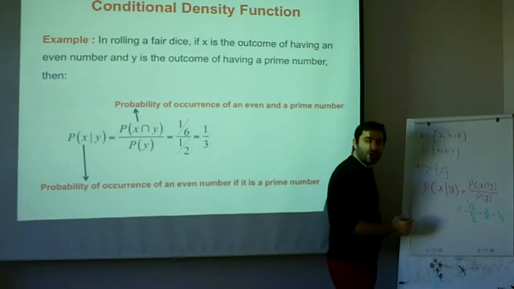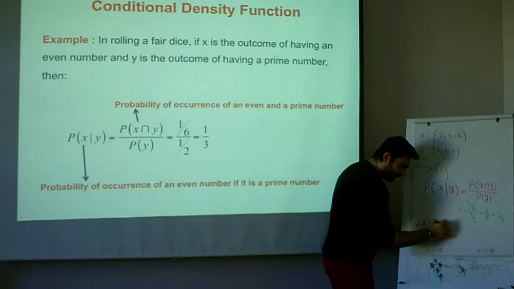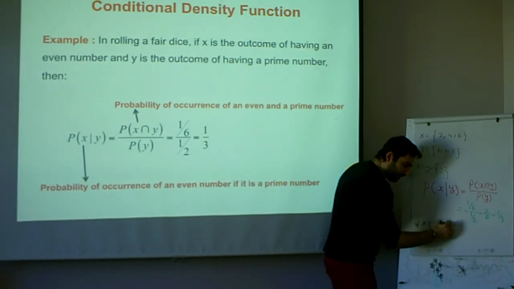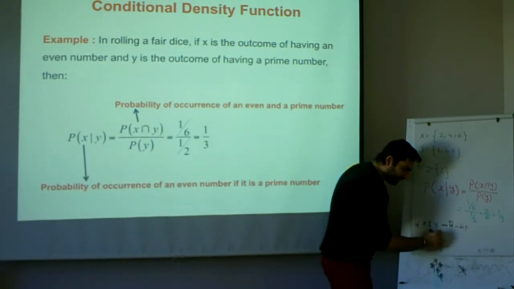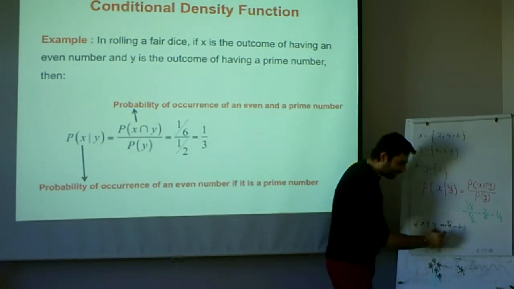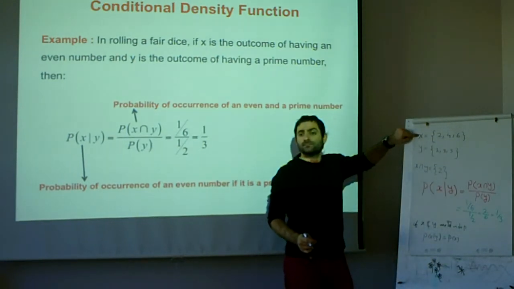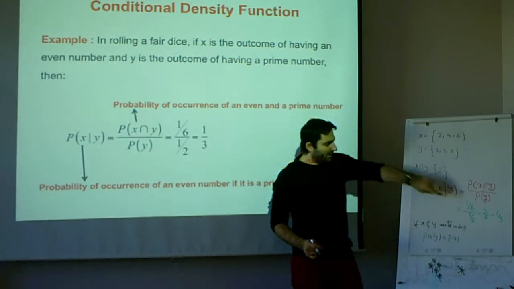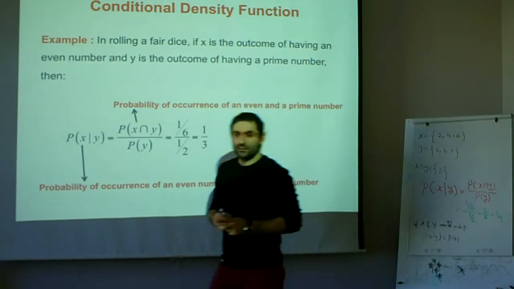If x and y are independent, it means that the probability of x given y is equal to p of x. What is p of x? 1 over 2. Is 1 over 3 equal to 1 over 2? No, so they are not independent.